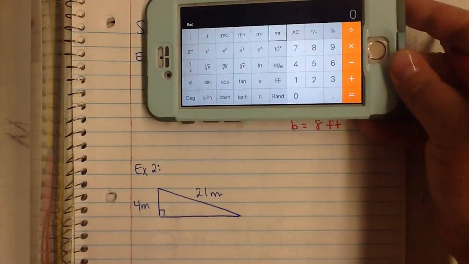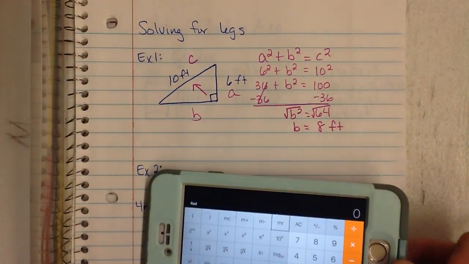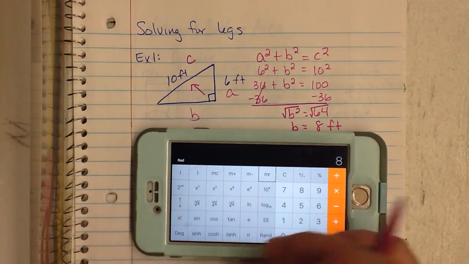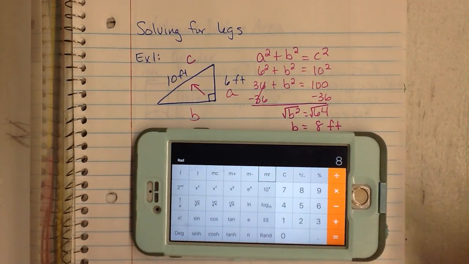If you wanted to put it in the calculator, you could put in 64 and square root, and it gives us 8. So we still get the same answer. So if you don't know them by heart, you can use the calculator. The goal is to memorize those perfect squares, those numbers that you can easily find.